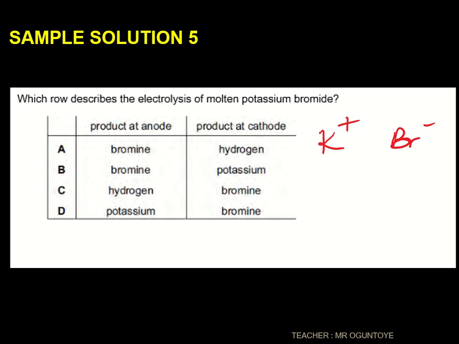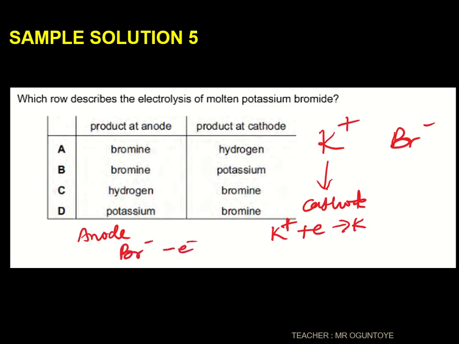Basically, the potassium ion will migrate towards the negative electrode, which is the cathode. At the cathode you have potassium ion gaining an electron to form potassium, while at the anode you have the bromide ion losing an electron to form a bromine atom.